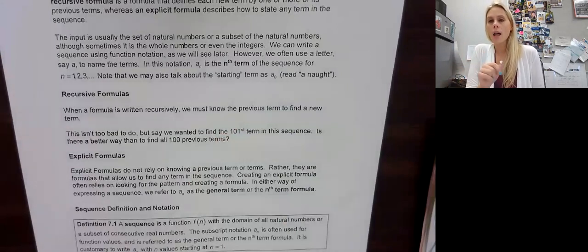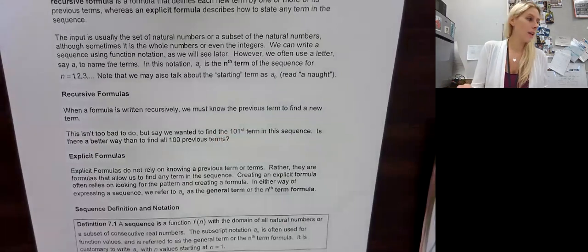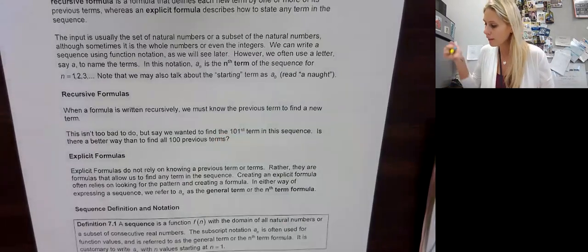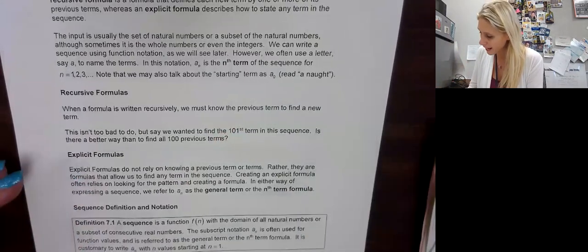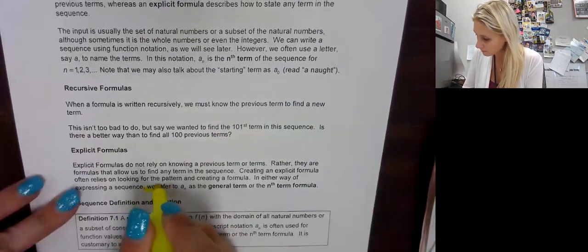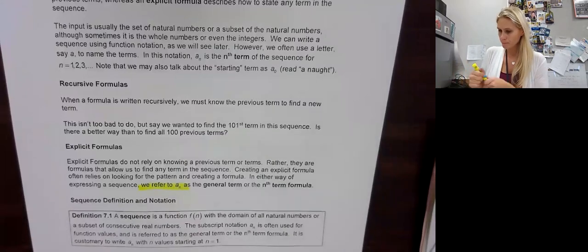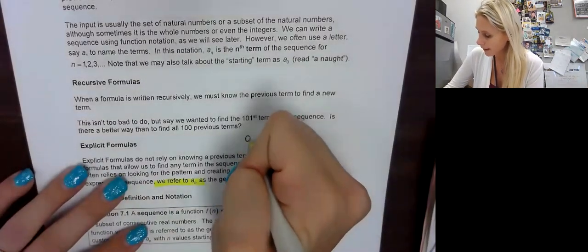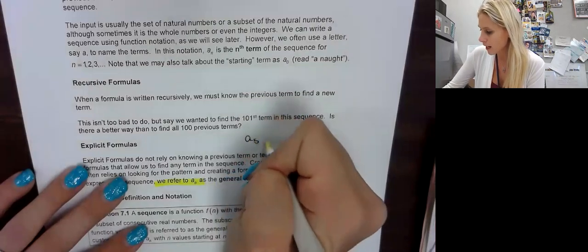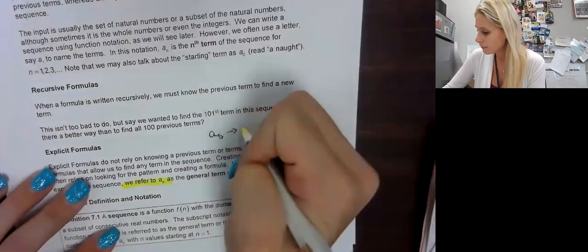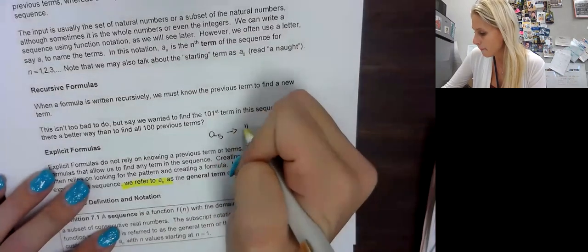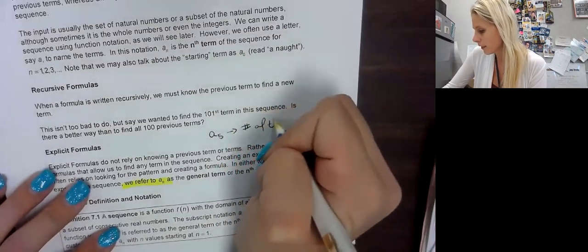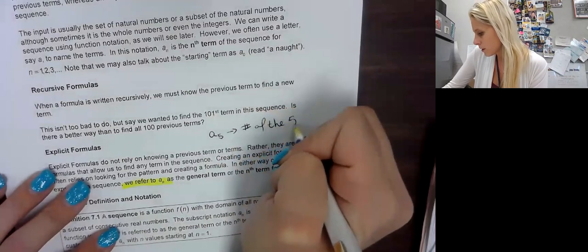The other way that we indicate the value of a term would be a sub n. So when I see a sub 5, I'm talking about the value of the 5th term.